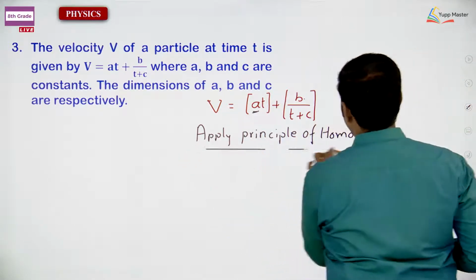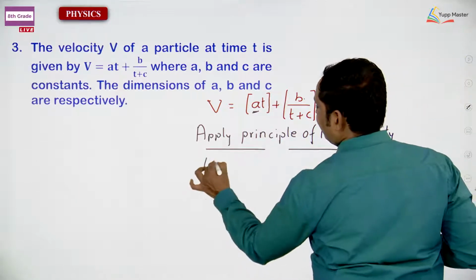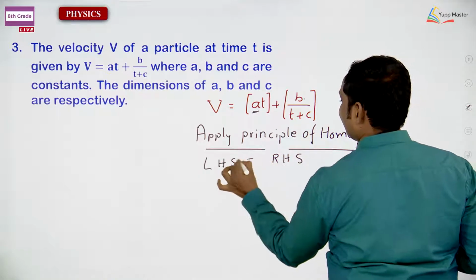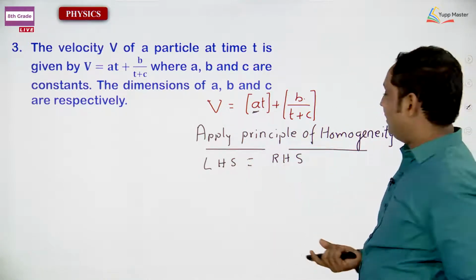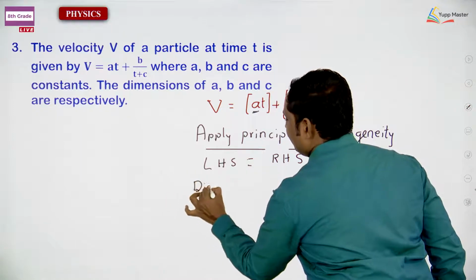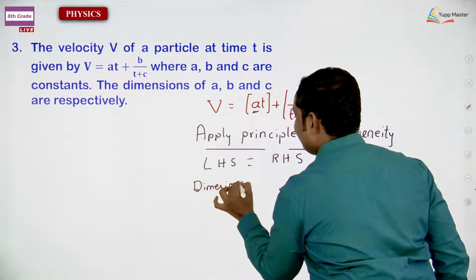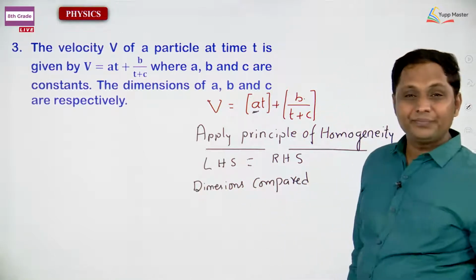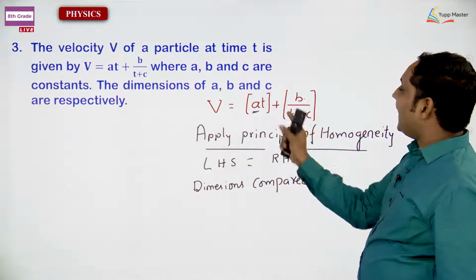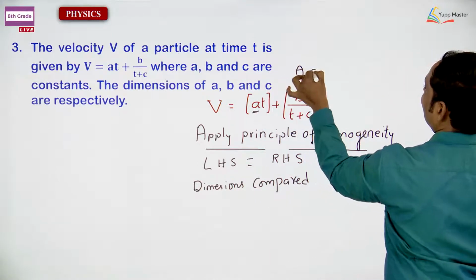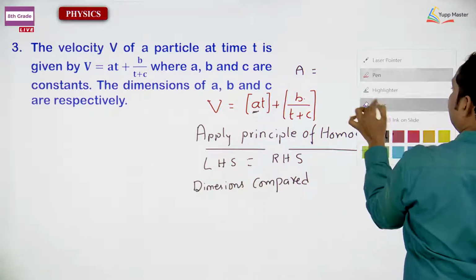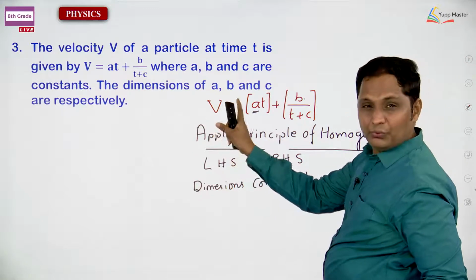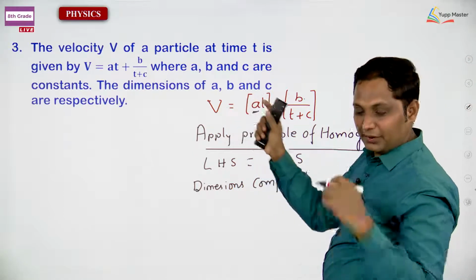Now you take the left hand side and the right hand side, and their dimensions are going to be comparable. If terms are added, then A, B and C must have the same dimensions.